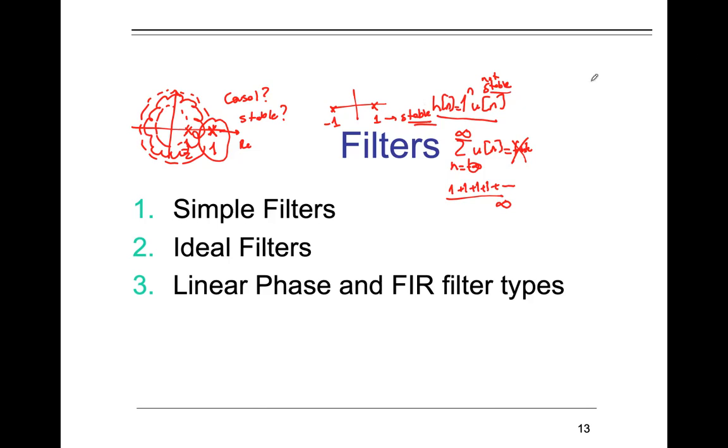Hocam, can a system be stable and non-causal or the other way? Exactly, it is possible, Anya. For example, let me show you one stable system, which is not causal.